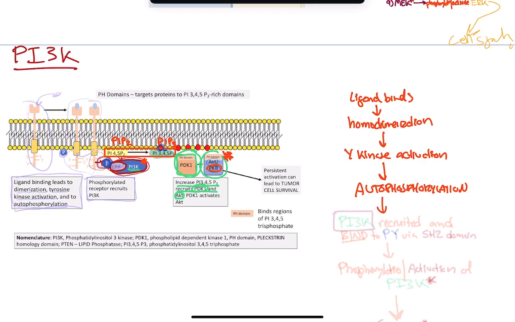That autophosphorylation is going to cause the recruitment of PI3K. So PI3K, use a different color.